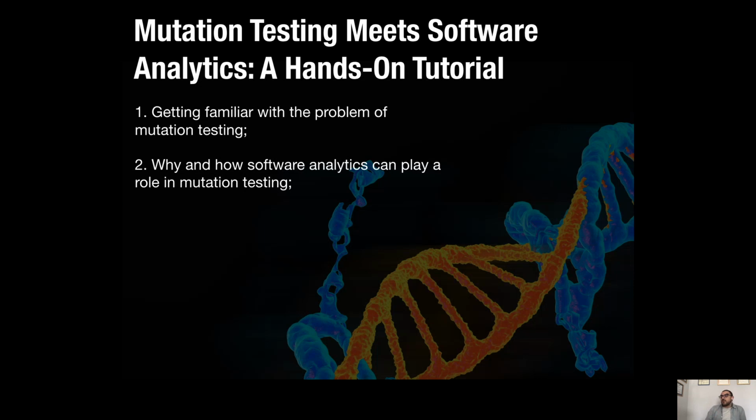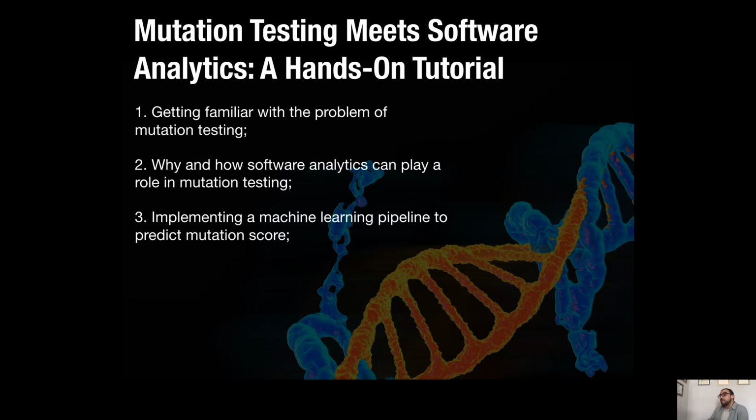In the second place, we are going to discuss how software analytics can play a role in mutation testing. And finally, we are going to see how to implement a machine learning pipeline able to support mutation testing and specifically predict the mutation score of test suites.